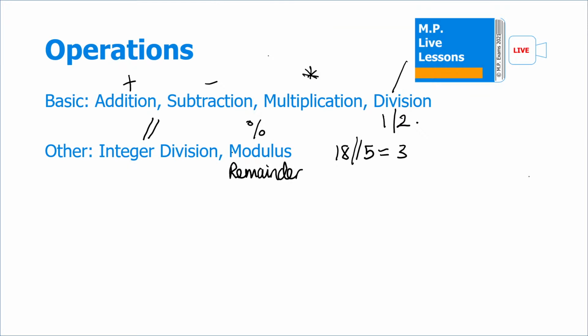If we use the same example, 18 modulus 5, written in pseudocode, that would also happen to be 3, because back in primary school perhaps, you may have written 18 divided by 5 as 3 remainder 3. So the 3 lots of 5 and just 3 left over.